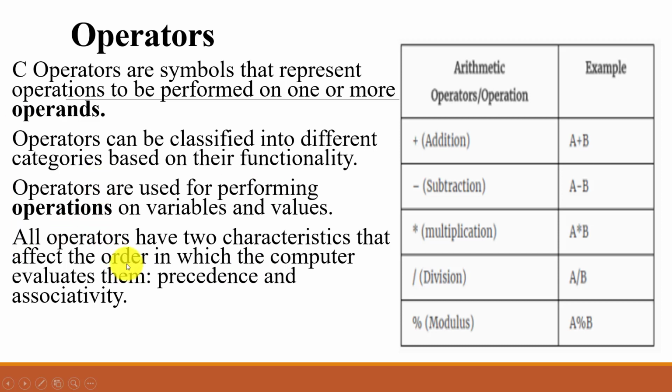We have to maintain in which sequence the operators execute, which first and which next, and that is precedence and associativity. After completing this discussion of operators, we're going to discuss precedence and associativity in detail.